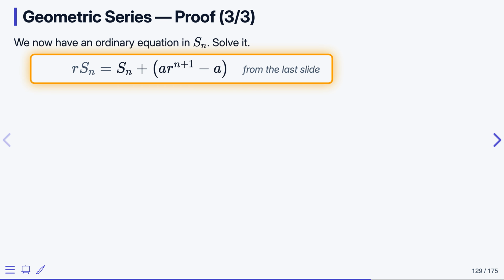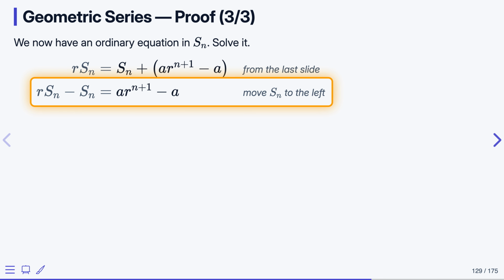We now have an ordinary equation, and S sub n is the unknown. Line 1 is what we reached. r times S sub n equals S sub n, plus the quantity a r to the n plus 1, minus a. Step 1. Move S sub n across to the left. That gives r times S sub n minus S sub n equals a r to the n plus 1 minus a.